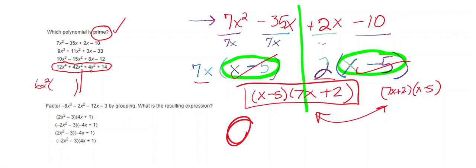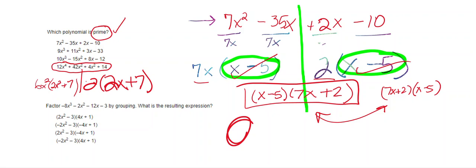They do not both have an x, so we can't pull out an x. 4x squared divided by 2 is 2x squared, and 14 divided by 2 is 7. Over here, just to recap, I was having an issue with my pen, so 12x to the 4th divided by 6x squared is 2x squared. 42x squared divided by 6x squared is positive 7.